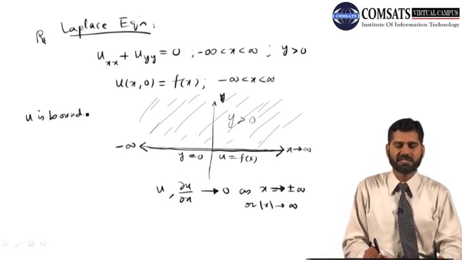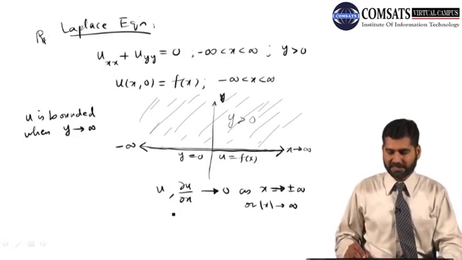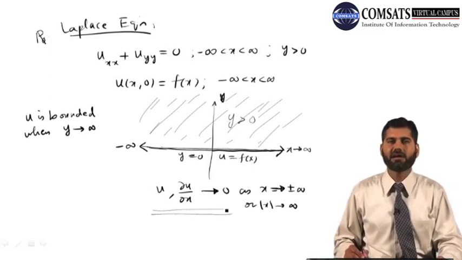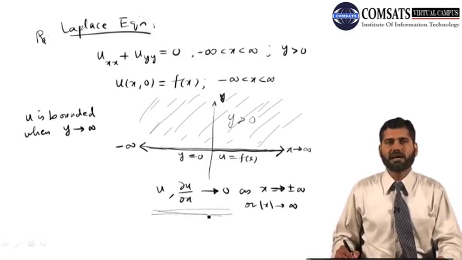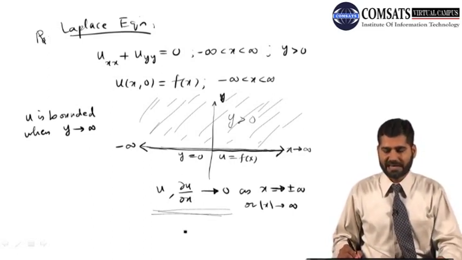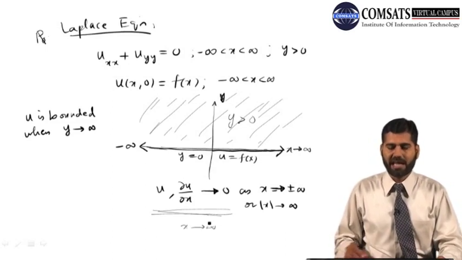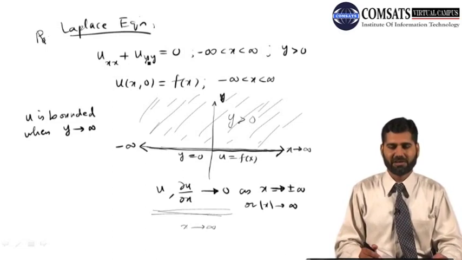This is a second boundary condition, that u is bounded when y becomes very, very large. So these are the conditions needed for Fourier transform. We will be taking the Fourier transform with respect to x, so x will go to alpha, and y is treated as the second variable, like time in our wave equation.